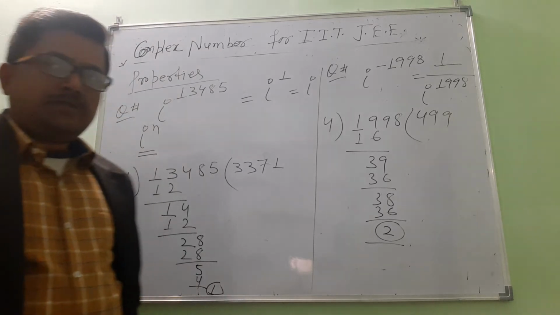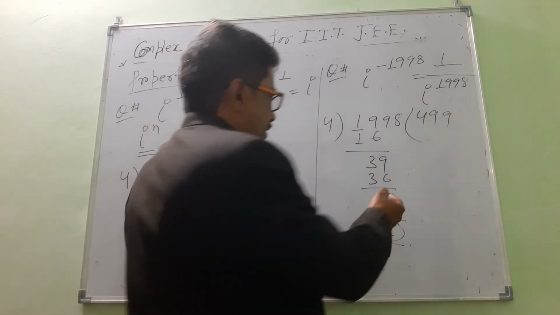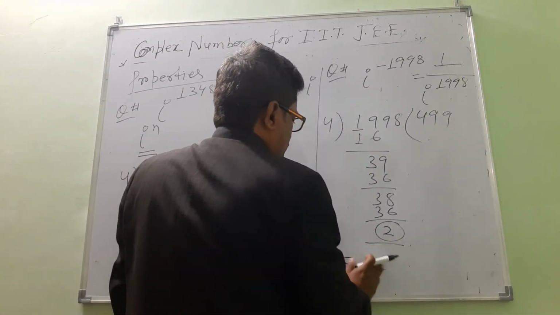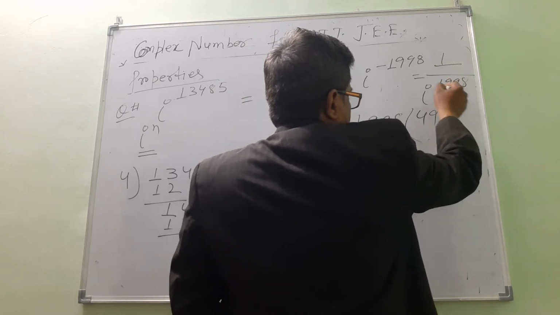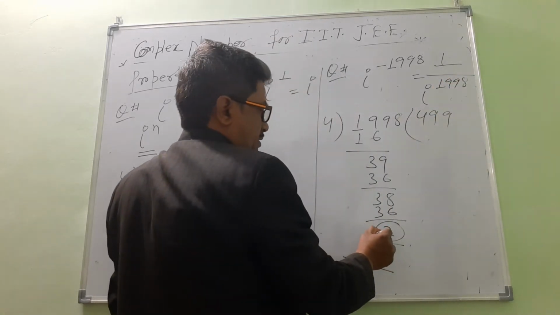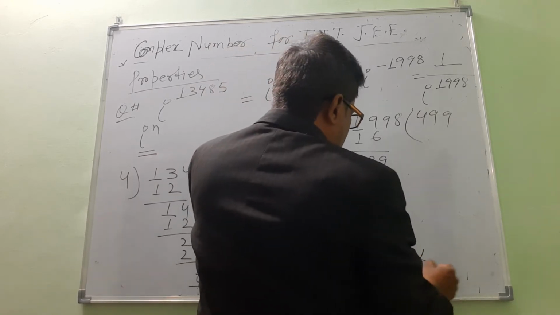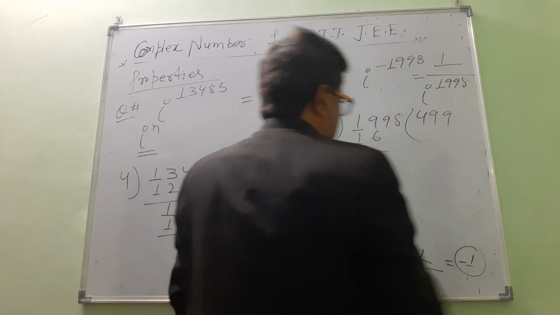Now what I told you: raise the last remainder in the power of iota, in place of 1998. So we write this remainder: iota square. And the value of iota square is minus 1. So 1 upon minus 1, so minus 1 is the answer.